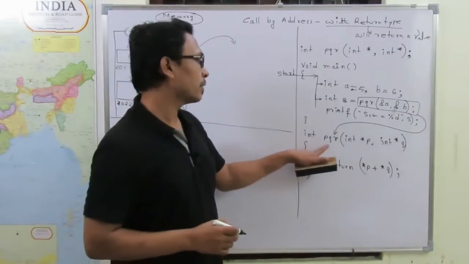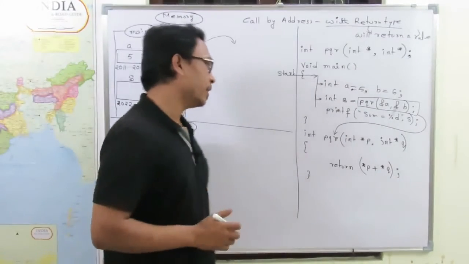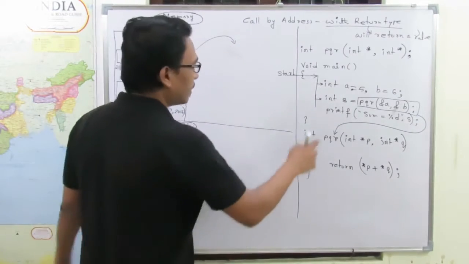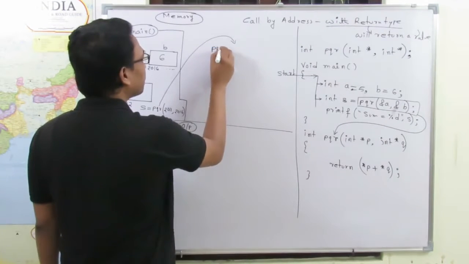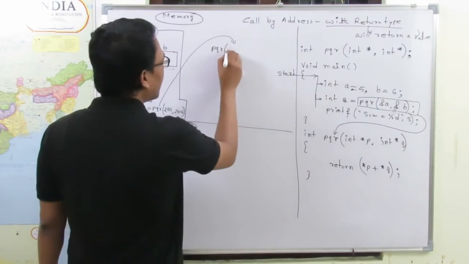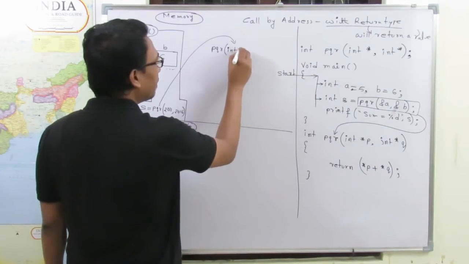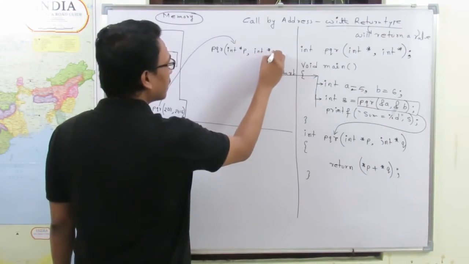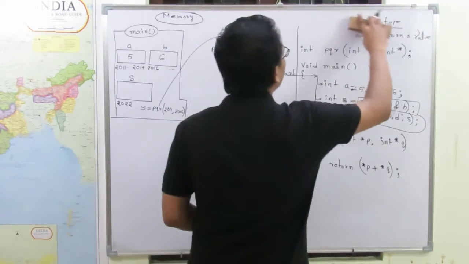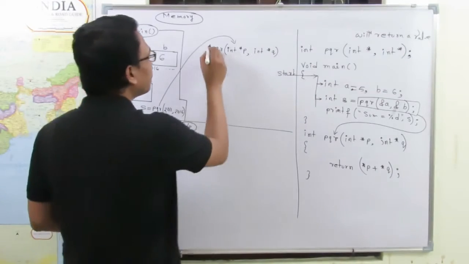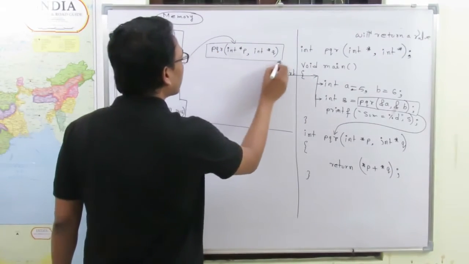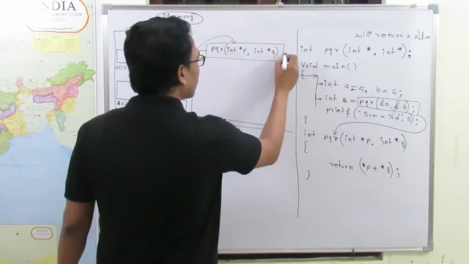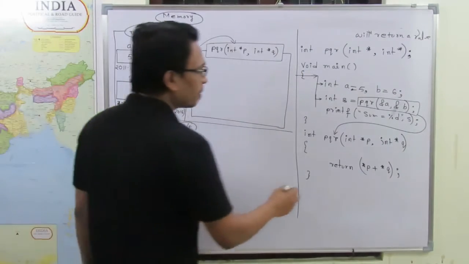the new block, that is the user defined function pqr. So in memory, a memory block will be created for the user defined function pqr, and here two variables are declared of pointer type, int *p and int *q.